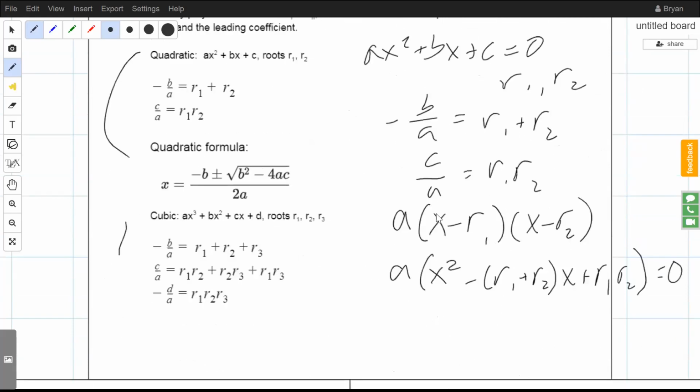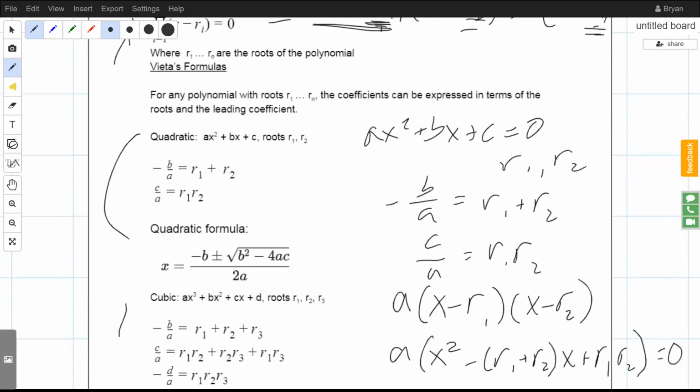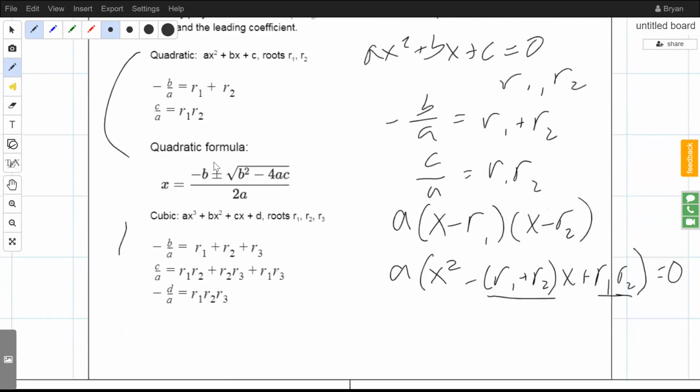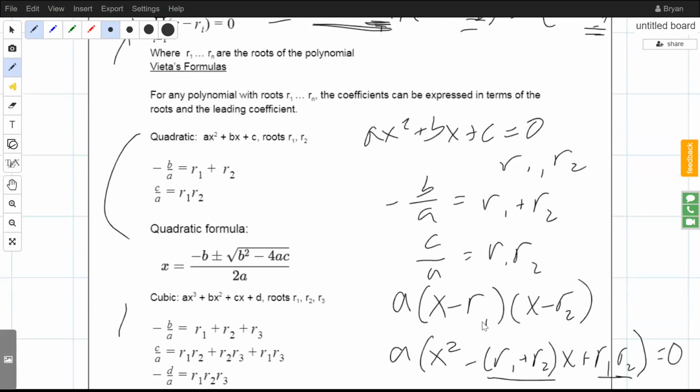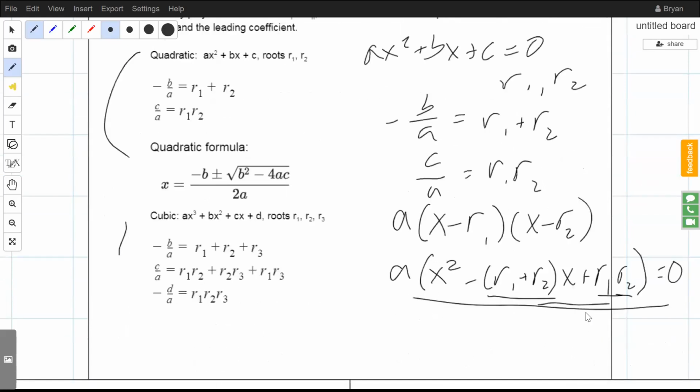And we can directly derive that negative b over a is r1 plus r2, and c over a is r1 times r2. And this is really how Vieta's formula is derived. You don't actually have to remember this. It can be easily figured out. But yeah, it's not anything that's too complicated. And we'll skip this.